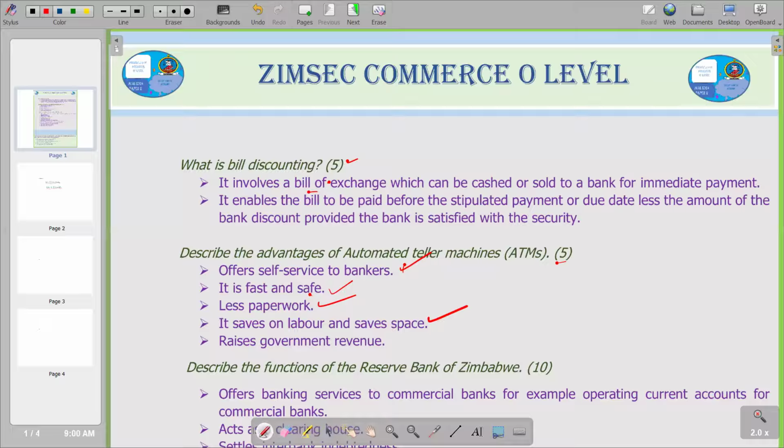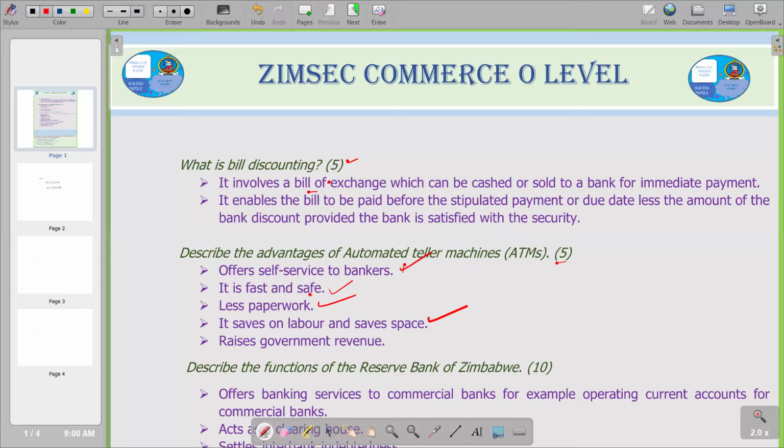So it means if more people use ATMs, the government is also going to collect more revenue from those banks because every income that is within the economy is also going to be charged a tax.